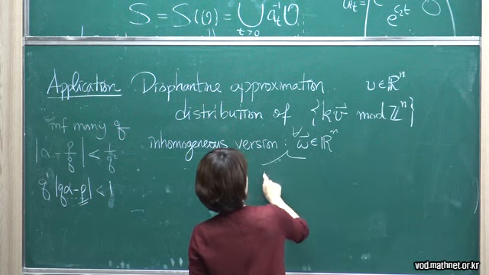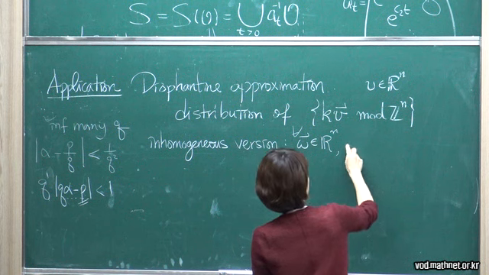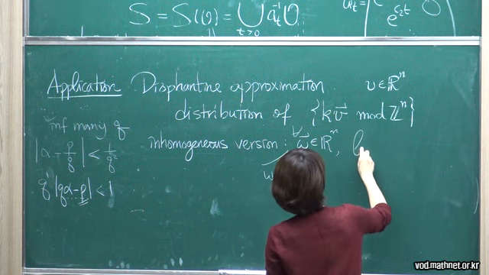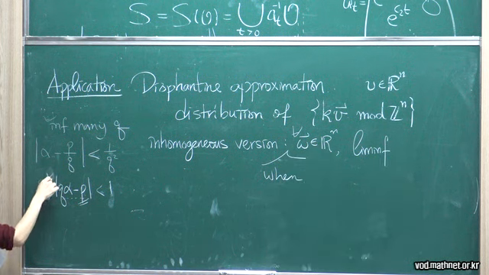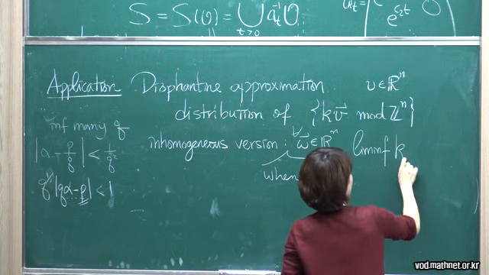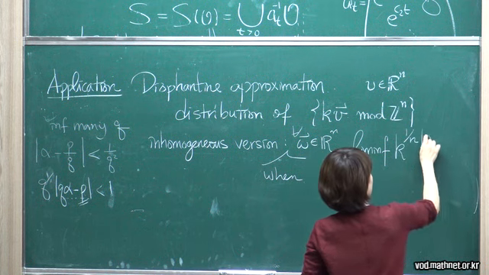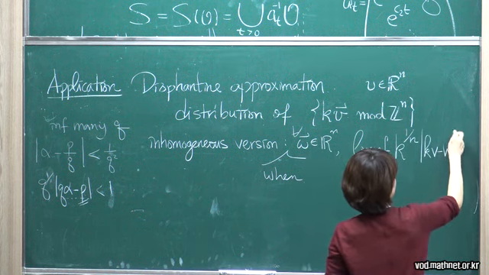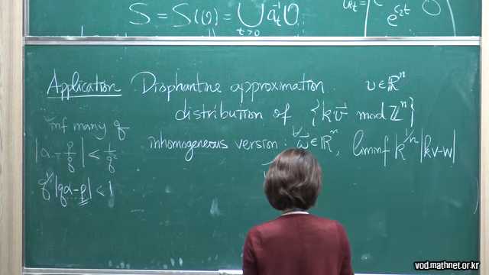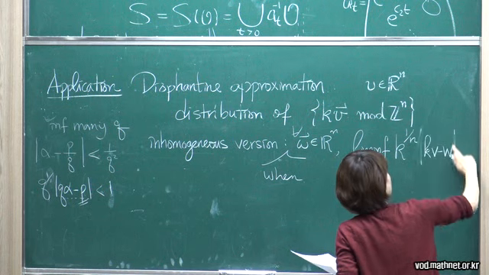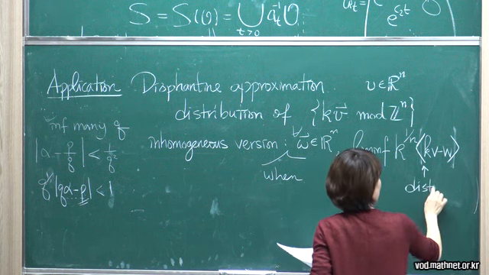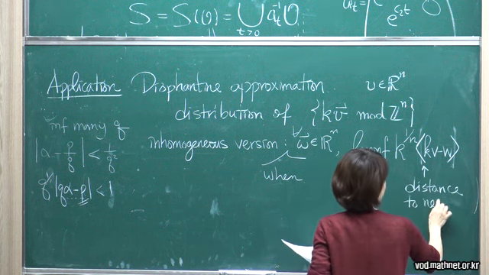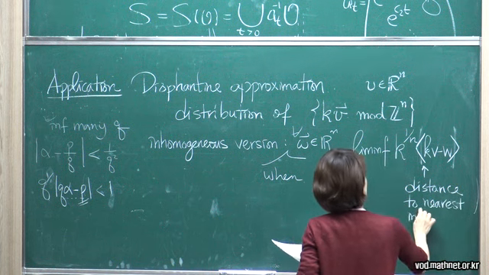For every W, we consider the lim inf of k to the 1 over n times kV minus W, where this is the distance to the nearest integral vector.